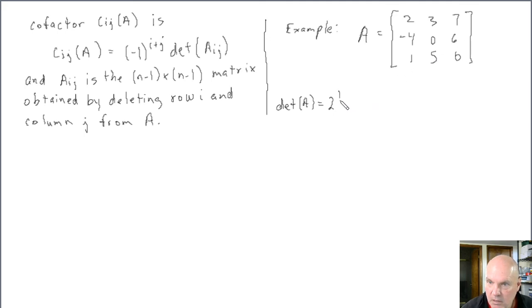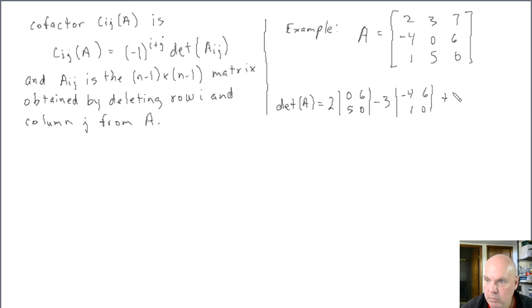So 2 times, we eliminate the row and column containing 2, and then we want to find the determinant of this smaller matrix, the 2 by 2 matrix. And then minus 3, the minus here because of the alternating sign of the plus minus, eliminate the row and column containing 3, and I'll have minus 4, 6, 1, 0.